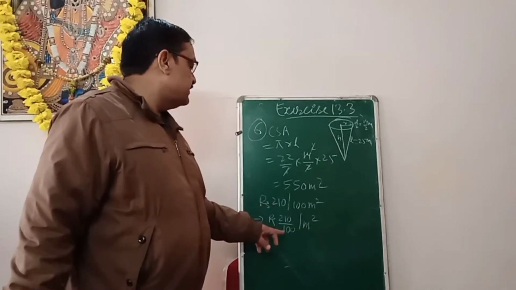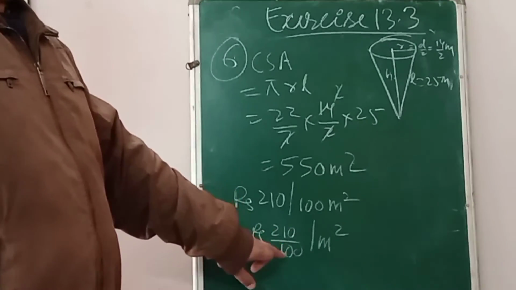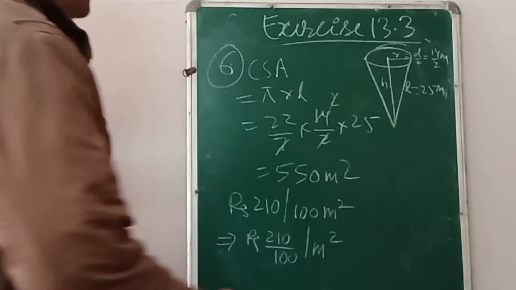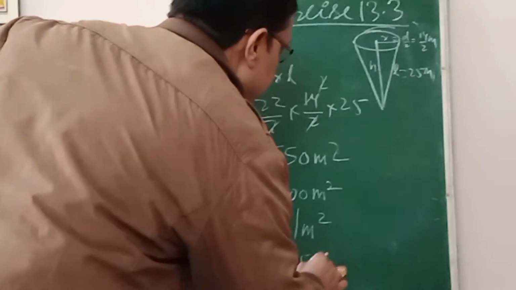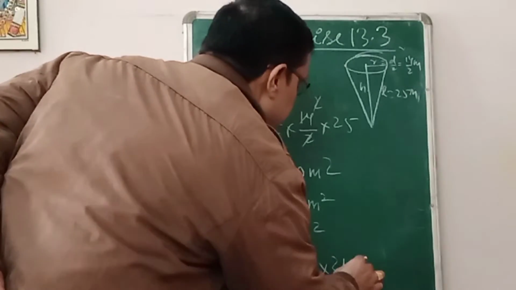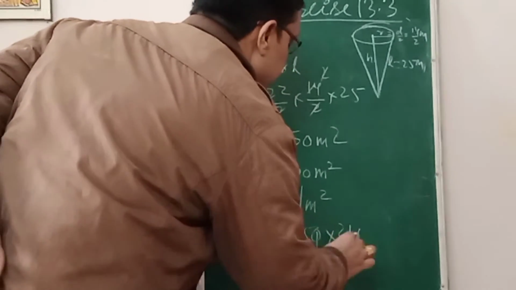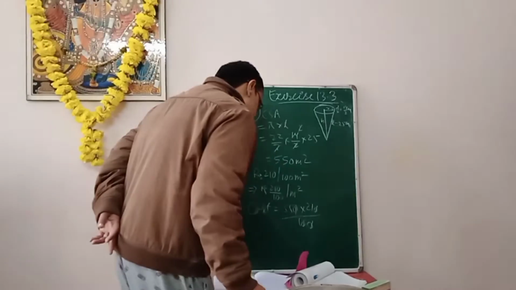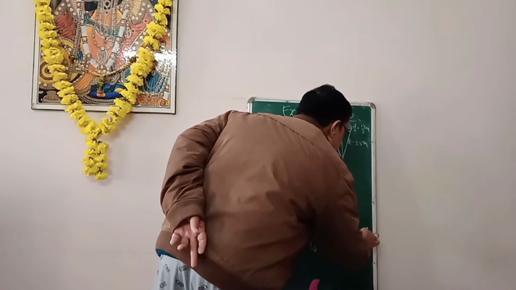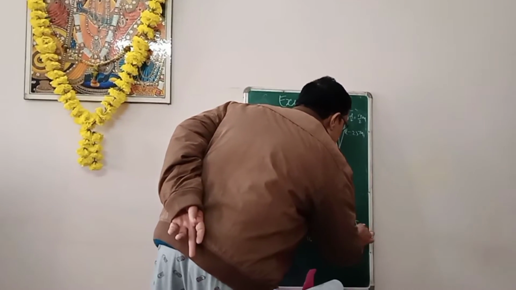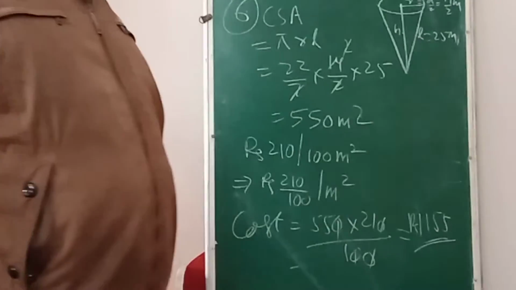For 1 meter square, we need to spend rupees 210 divided by 100. So for this many meter square, the cost will be 550 into 210 divided by 100. So 55 into 21, that is 1155. This is the sixth problem.